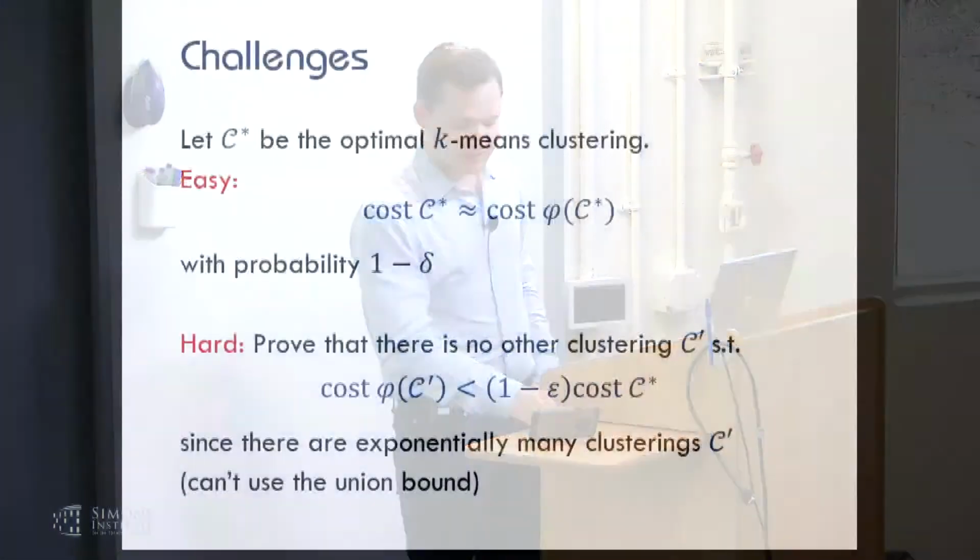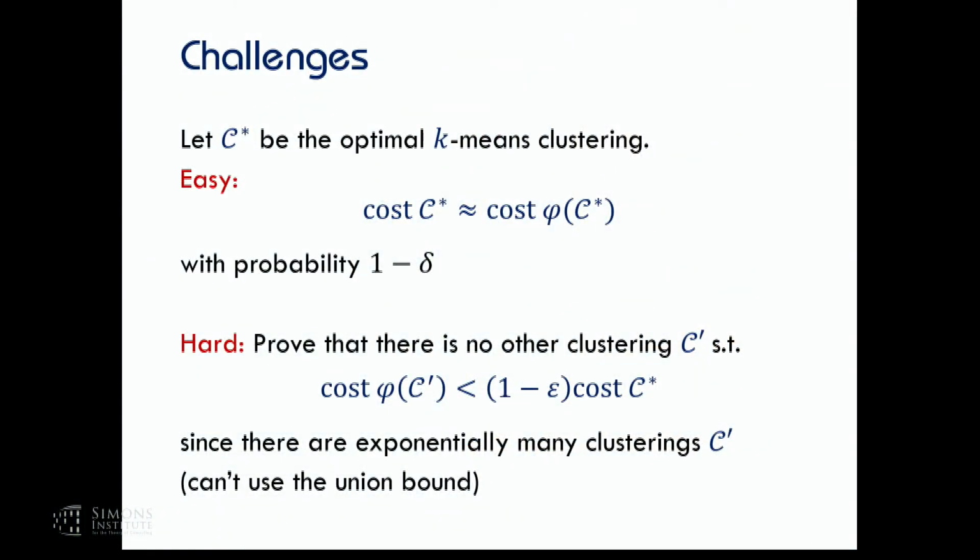So let's see now what the challenges are, and assume for a moment that we want to prove a weaker result. We only want to prove that the cost of the optimal clustering does not decrease much. And it's not hard to prove that if we take the optimal clustering C star, then the cost of C star is approximately equal to the cost of the C star projected.